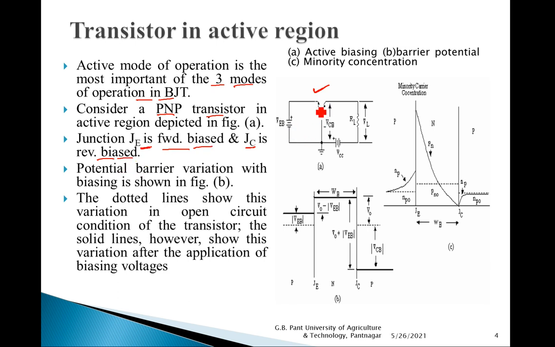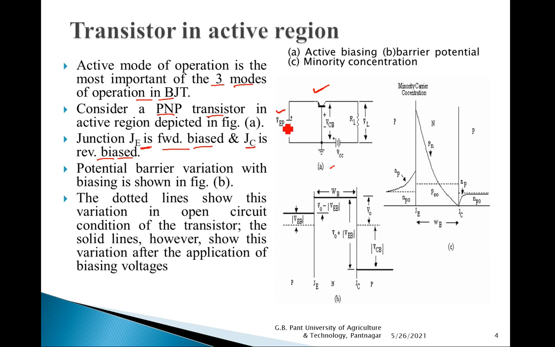This can be explained by figure A. Here the first biasing voltage, connected across the emitter and base junction, is VEB. It is connected in such a way that the junction JE is forward biased. How is JE forward biased? The emitter side is a p-type semiconductor and the base is an n-type semiconductor.